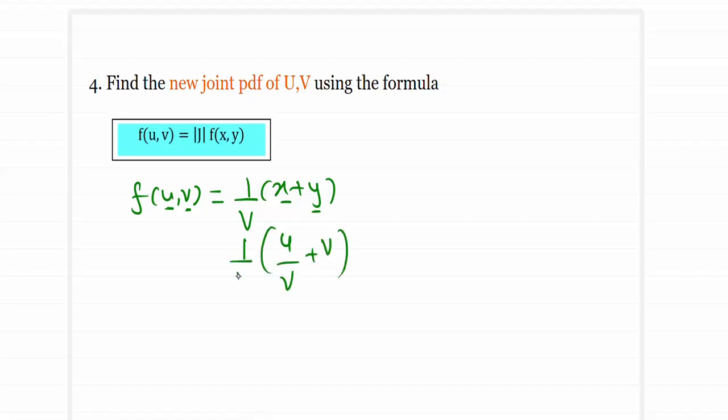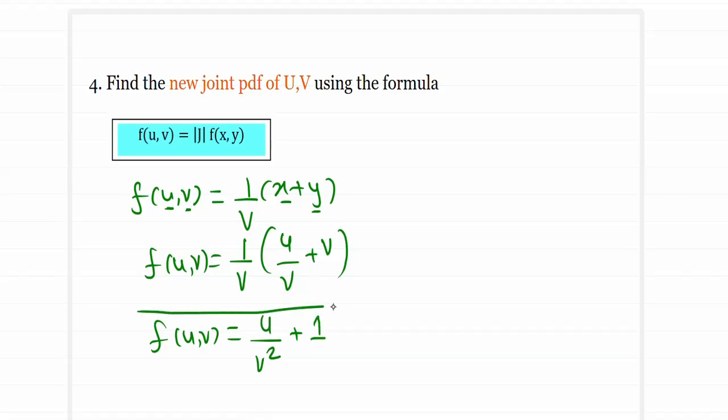So multiply with 1 by v. Now we have entirely a function that deals with u and v. This can be further simplified: let me take my v inside, so this becomes u by v square, and when we take my v inside, this becomes equal to 1. So my new function is f of u comma v equals u by v square plus 1.